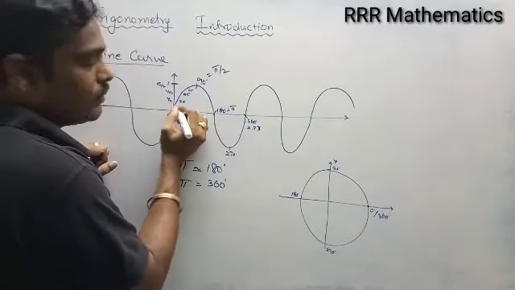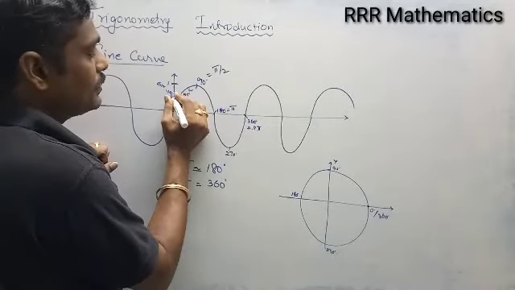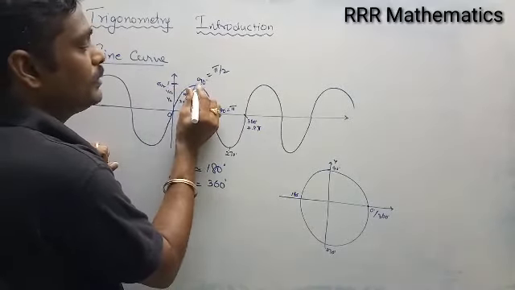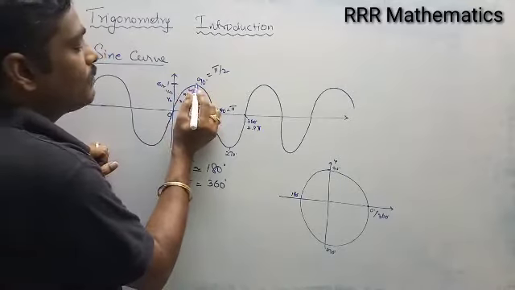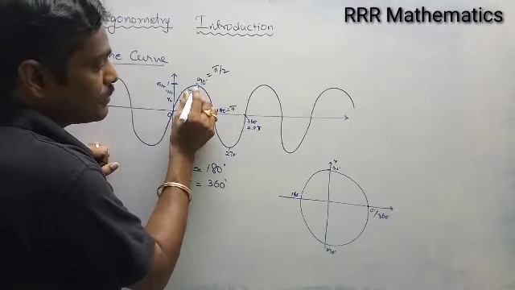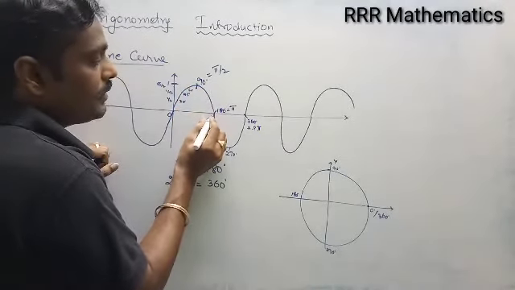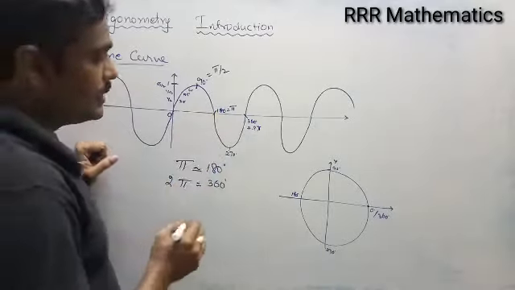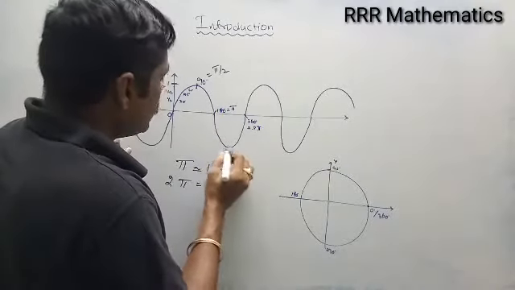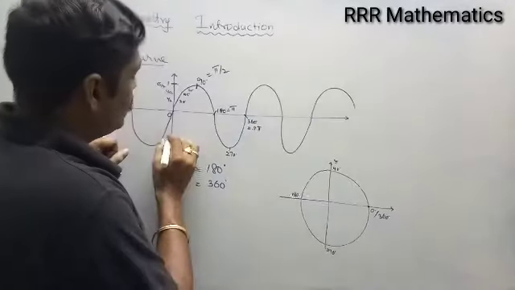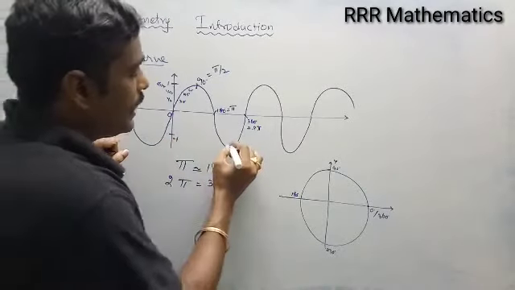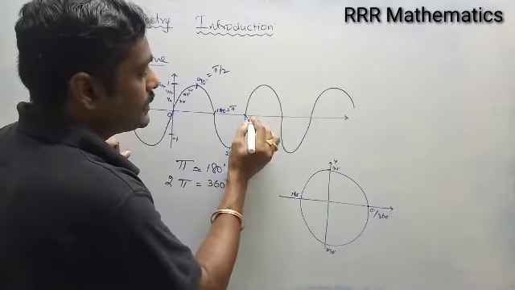Sine 0 gives 0, sine 30 gives half, sine 45 gives 1 by root 2, sine 60 gives root 3 by 2, sine 90 gives 1. So after 90 degree, it comes down. When 180 degree comes, it will be 0. And at 270 degree, it will come to the negative value of minus 1. Again it will increase, and it reaches 0 at 360 degree.